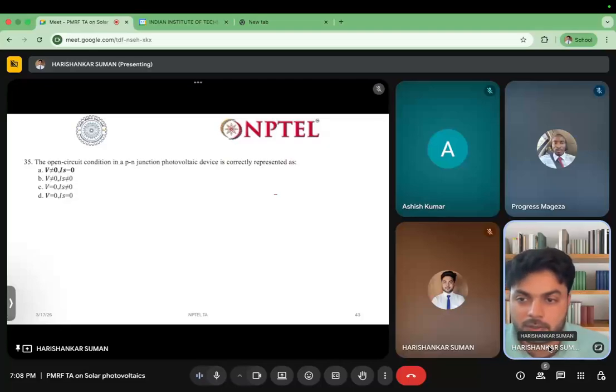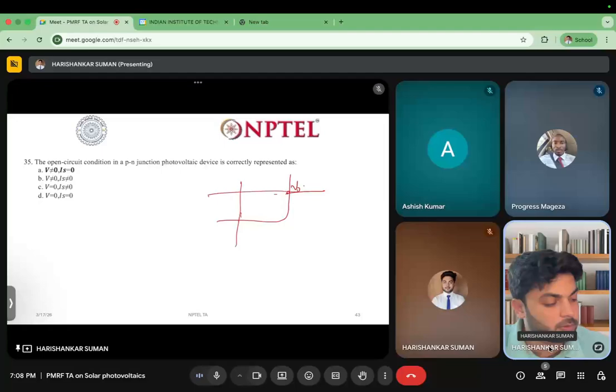Open circuit voltage. What is the open circuit condition? This is VOC, this is JSC, this is short circuited, this is open circuit. Here the current is 0.